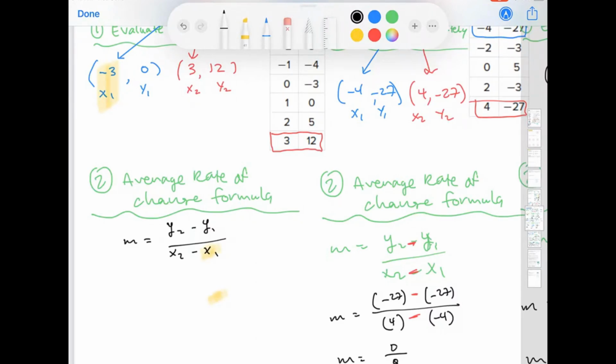So every time I see x1, I'm going to write negative 3. y1 is 0. So in my formula, every time I see y1, I'm going to write 0 right here. And then every time I see x2, I'm going to write 3. So there's x2, I'm going to write 3.